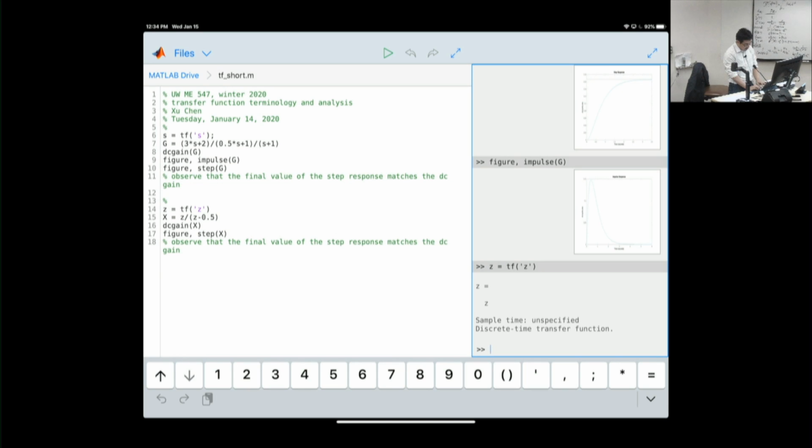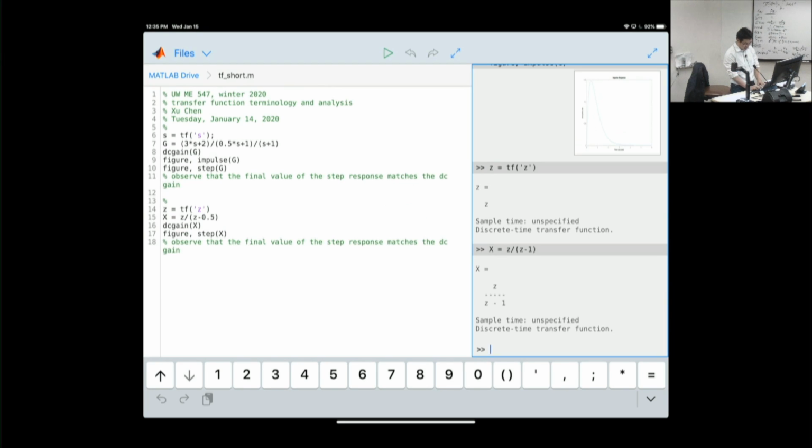Then let's do another. Let me use a different one. I prefer X. X equals some example. Let's do the simple one. We talked about a geometric sequence. We talked about a step signal. Let's do a step first. X is a step.